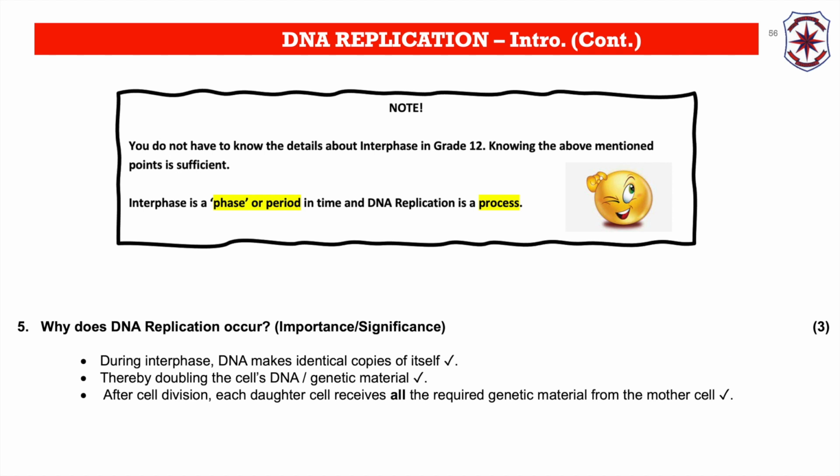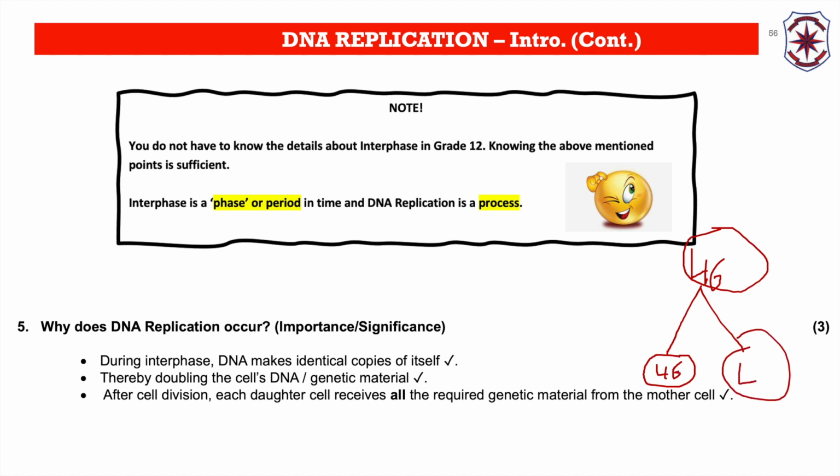During mitosis, like we said, we would start off with a cell that contains 46 chromosomes. Remember, the daughter cells must be identical to the mother cell. The daughter cells must also contain 46 chromosomes, and the other cell also must contain 46 chromosomes.